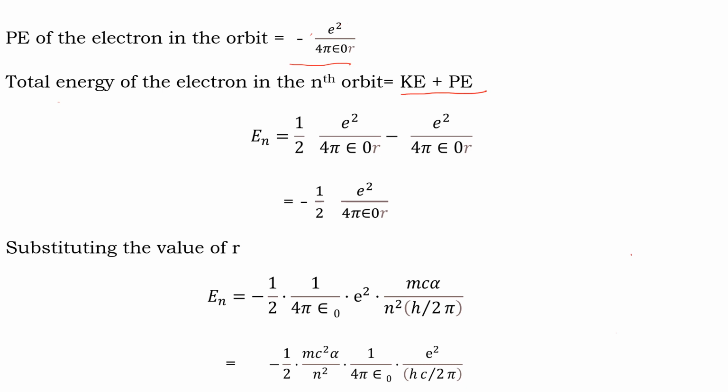Therefore, the total energy will be the sum of kinetic energy and the potential energy.